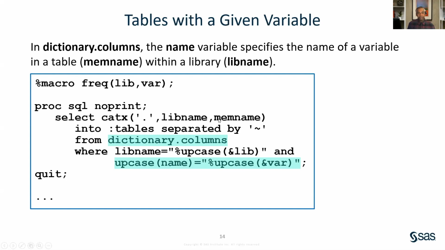So I'm concatenating the values of those two columns and putting those into a macro variable called tables, separated with a tilde. So I want perhaps a series of table names from dictionary.columns where the libname is equal to some library reference in uppercase and the name of the column is equal to whatever variable you specify. So the bottom line is this. My goal is to look in the library for every table, library name, that contains that variable. Perhaps I want to join those tables.